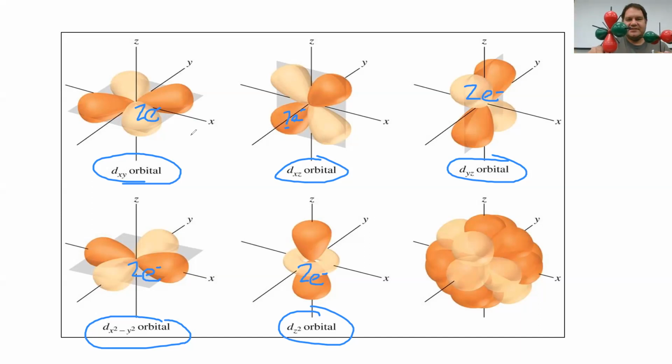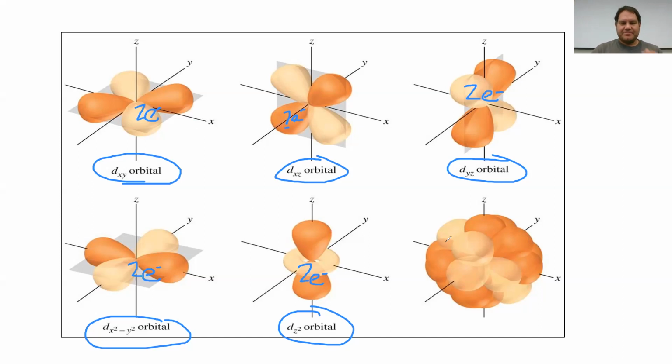Okay, so you can see the spatial difference, the orientation of these d orbitals. They look similar. They have 4 lobes. Each d orbital that you see here has 4 lobes. But the problem is that they are in different spatial arrangements. So they do create different orbitals. But they are called d orbitals, all of them.